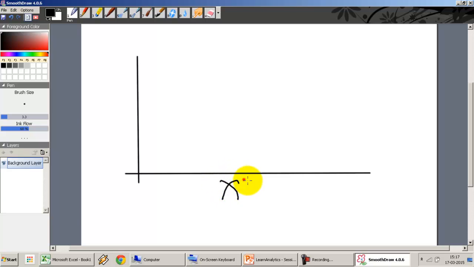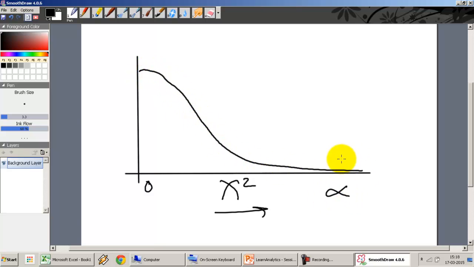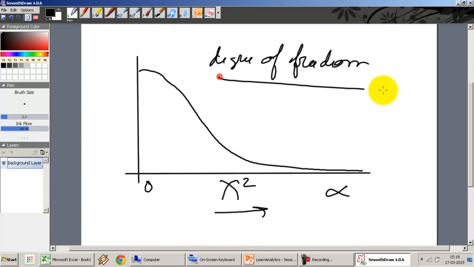Chi-square is a Greek symbol, and it's a continuous distribution. It goes from 0 to infinity, and it goes something like this. Now it depends on the degrees of freedom for each of the chi-square values. I'll talk about degrees of freedom. Depending on the degrees of freedom, we get slightly different chi-square tables.